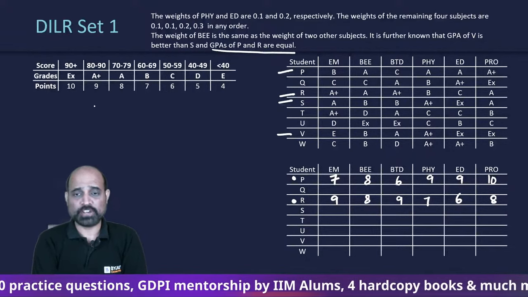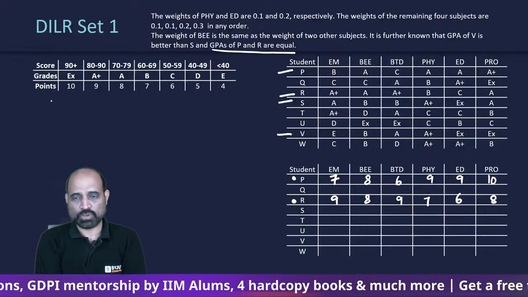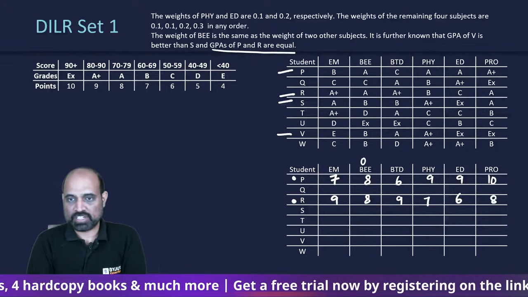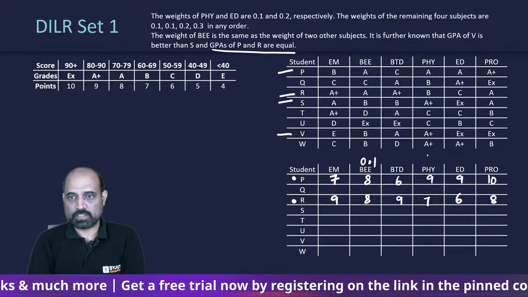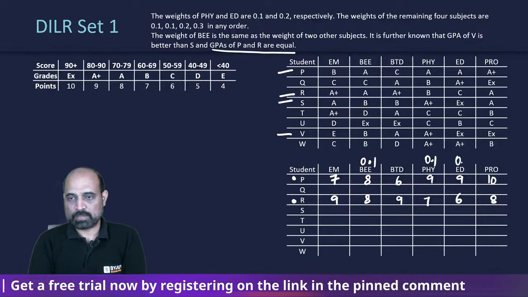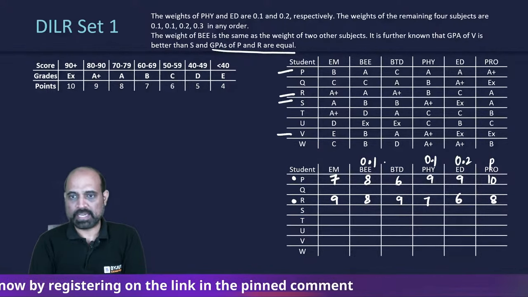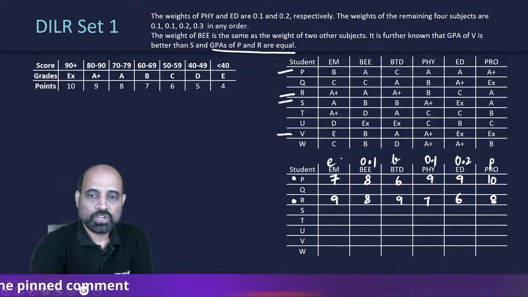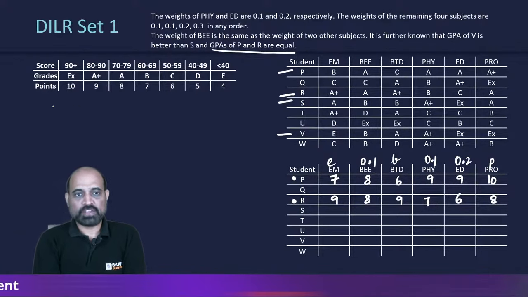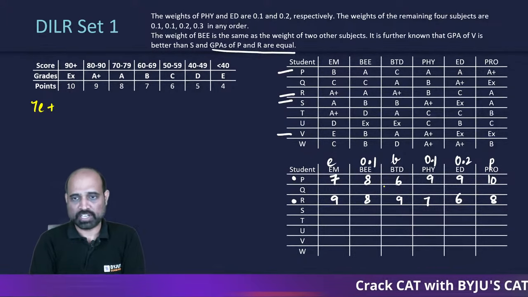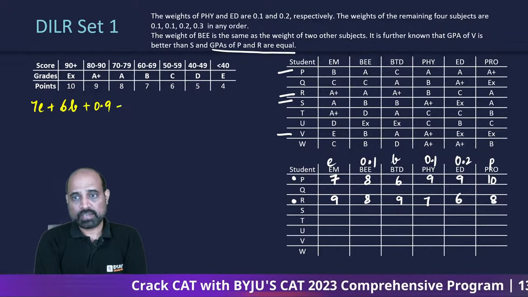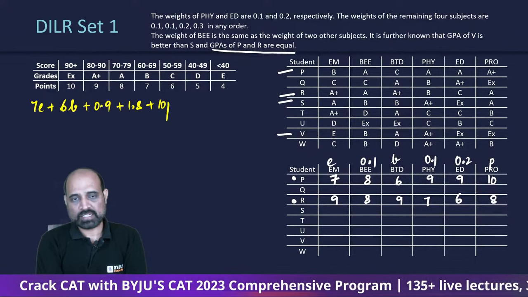So let's calculate GPA of P. So GPA of P is going to be, we also know that BEE weightage is 0.1, physics is 0.1, ED is 0.2, weightage of pro where P is, this is B, and this is E. This is going to be among 0.1, 0.2, 0.3. Okay. GPA of P will be 7E plus 8 into 0.1, and 8 into 0.1 is the same for R too, so I'm not including it, plus 6B plus 0.9 plus 1.8 plus 10P.